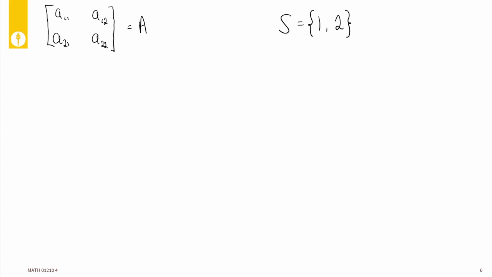Remember, a set of n integers has n factorial permutations. 2 factorial is 2. Permutations 1, 2, and 2, 1.